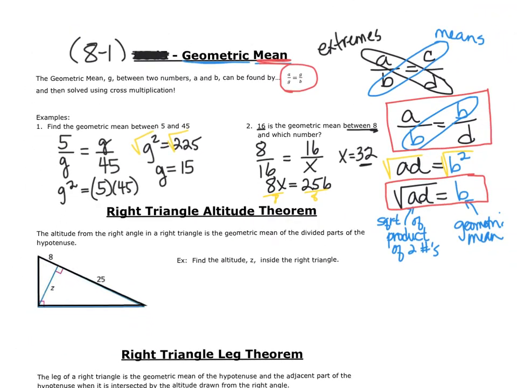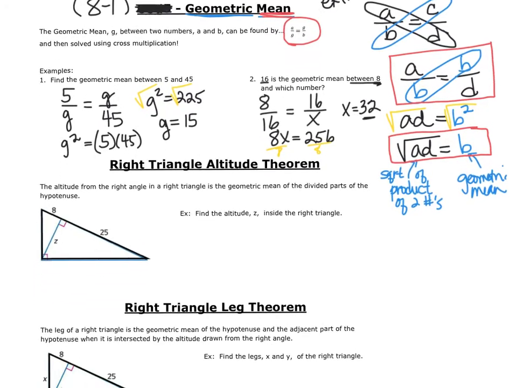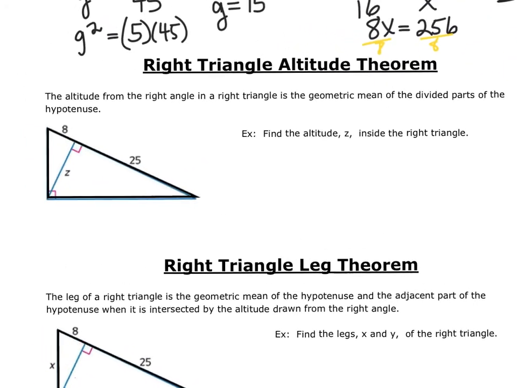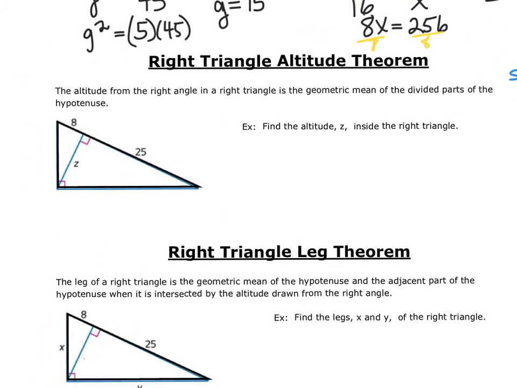All right, so with the geometric mean, we have two other theorems that we're going to talk about, and it's the right triangle altitude theorem and the right triangle leg theorem. So let's look at the first one. The altitude from the right angle in a right triangle is the geometric mean of the divided parts of the hypotenuse.